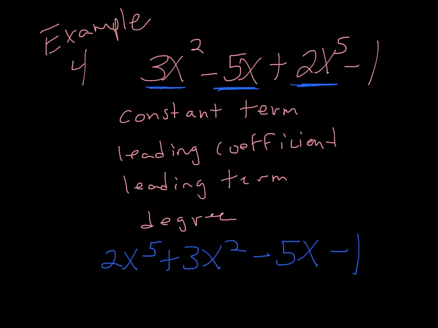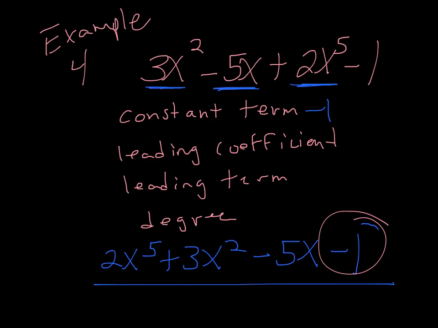So now I have it in order of decreasing powers of x, and I can identify this. The constant term is negative 1, so that's this part right here. And then the leading coefficient is, well, the leading term, I should do that first. So I have 2x to the fifth. So let's do that in blue to be consistent.